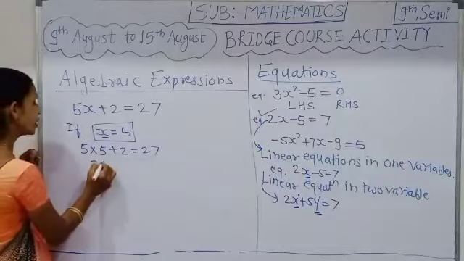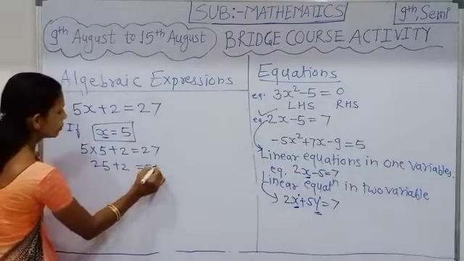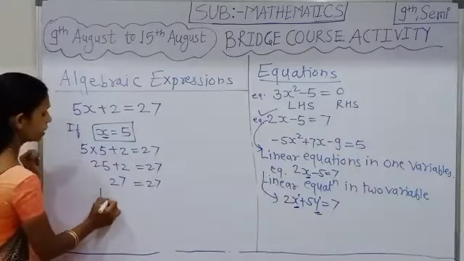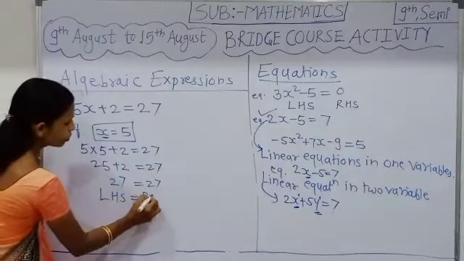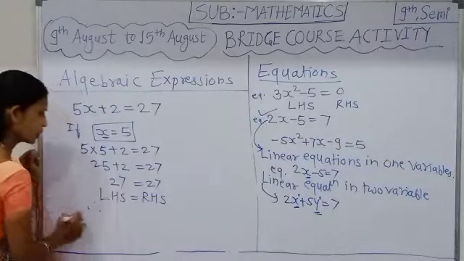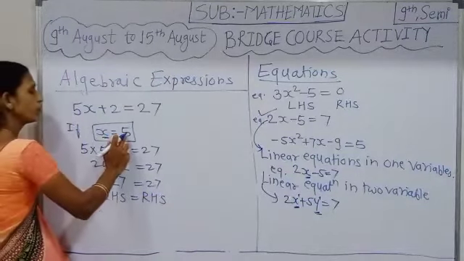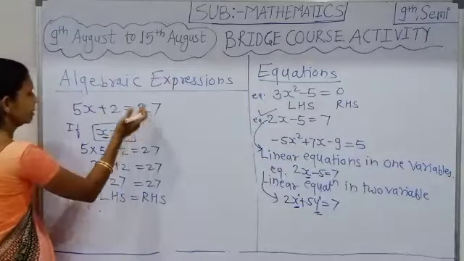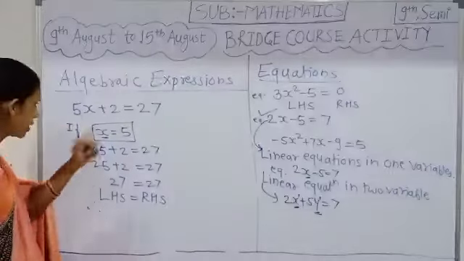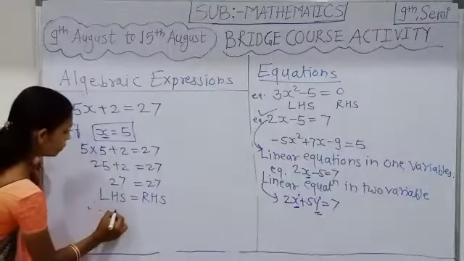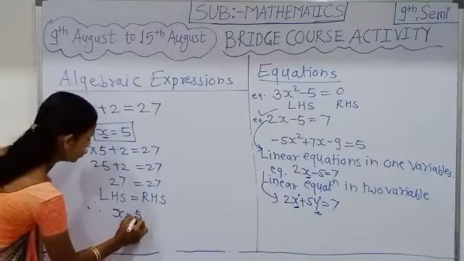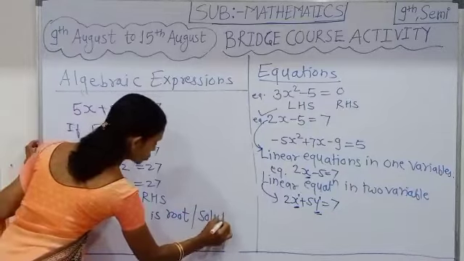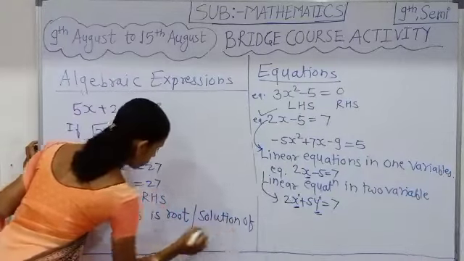Then 5 into 5 is 25, plus 2 is equal to 27. Here 27 is equal to 27, so LHS is equal to RHS. Therefore the value of x, that is 5, satisfies that equation. Therefore x is equal to 5 is a root, or a solution, of the above equation.